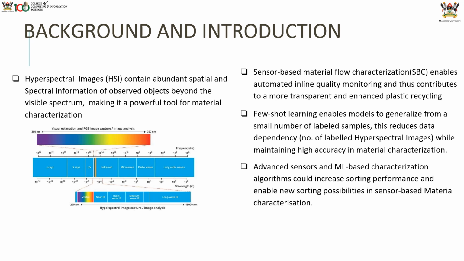So from here you see the extracted visible spectrum, which is here, and then we see that the one for the hyperspectral image down there has more bands. So this means that these images carry more information, and this information is very vital and can be a powerful tool for classification and characterization of materials.